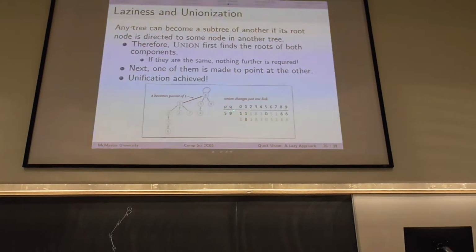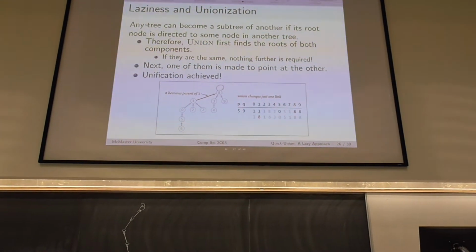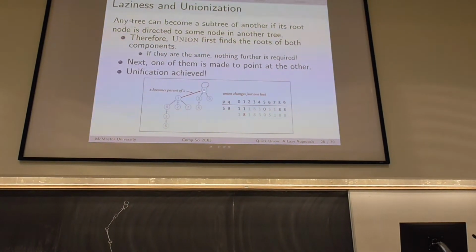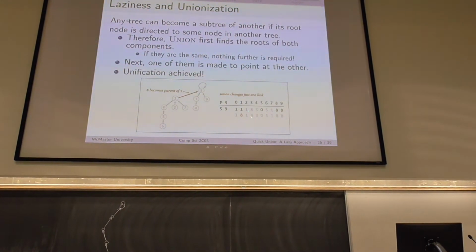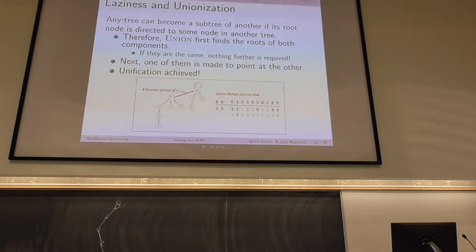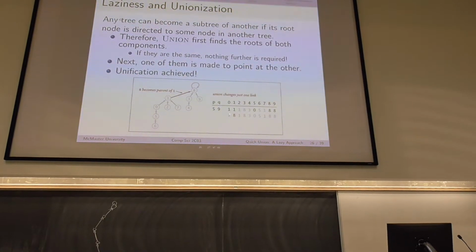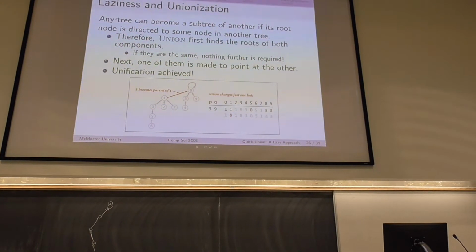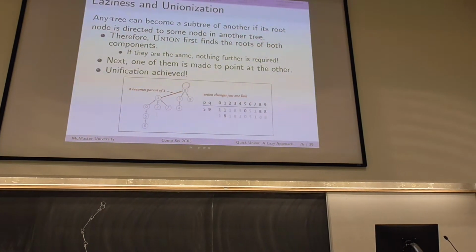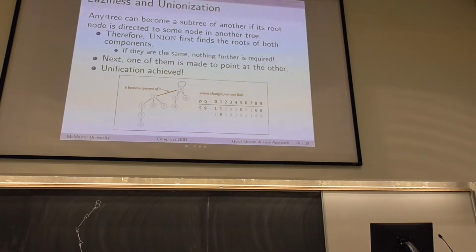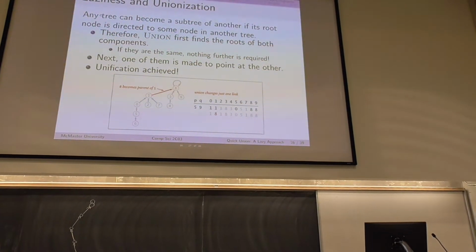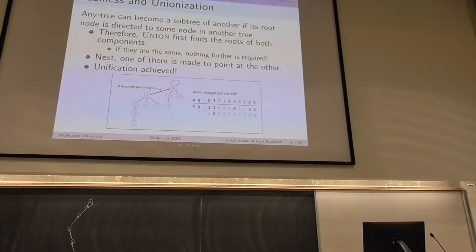So, in this case, if we're connecting 5 and 9, we find the root nodes 1 and 8, right? And we make one modification to the array. We change 1 from pointing to 1 to pointing to 8. That is one modification to the array. We don't have to walk the whole array. So, what's our complexity?